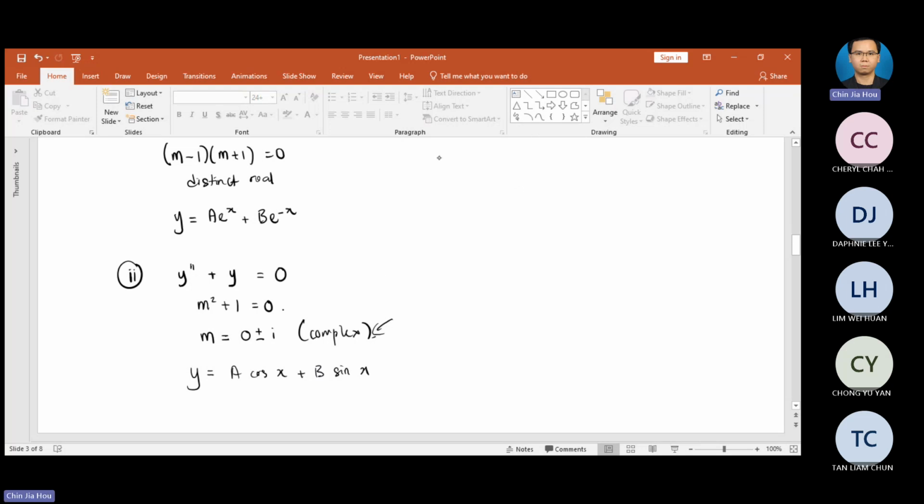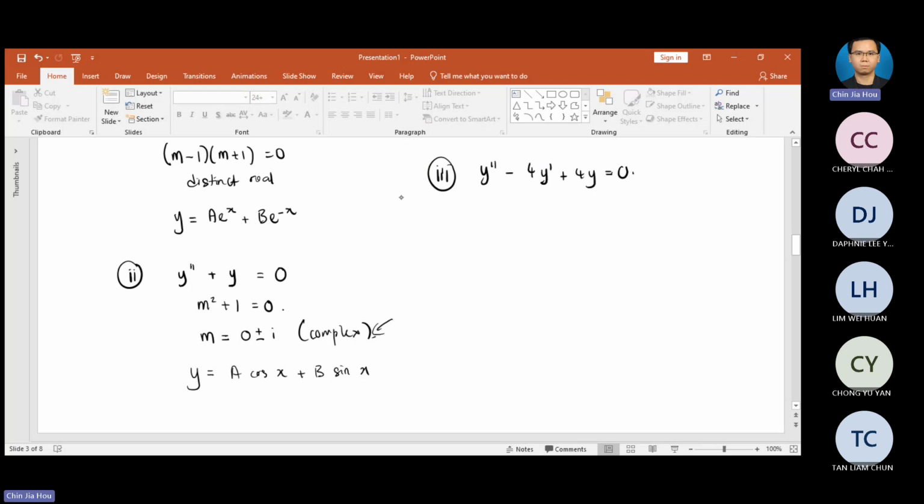Now, third part. Again, I don't like to see d over d something, so I change it into y double prime minus 4y prime plus 4y equals 0.